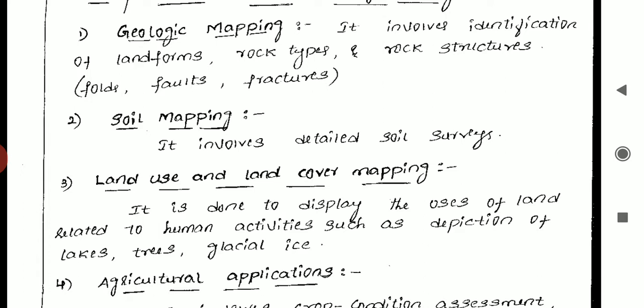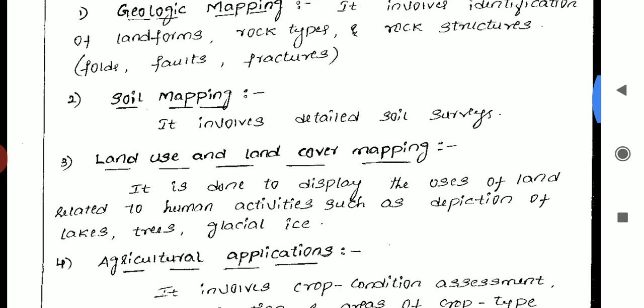And agriculture applications. For example, at the starting time we put seeds on the ground, and after 1 month or 3 months, the seeds will have grown and we will get small crops.